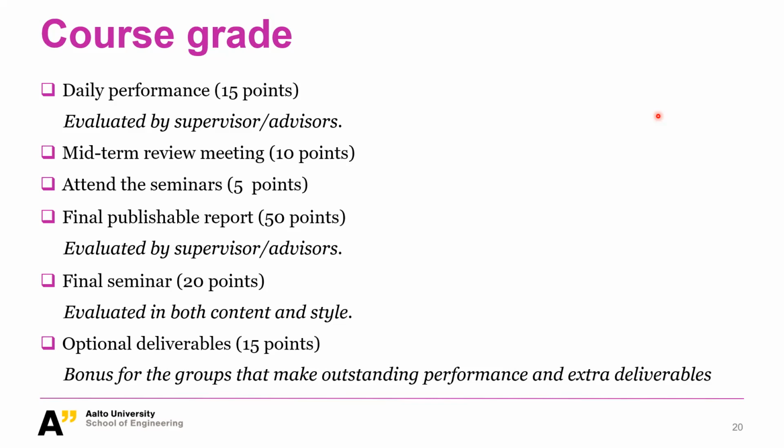For example, group 1 last year developed a really nice code about genetic algorithm. They published it on GitHub. I don't know if they got many attractions and so on. But that could be a nice deliverable for you to get additional points.